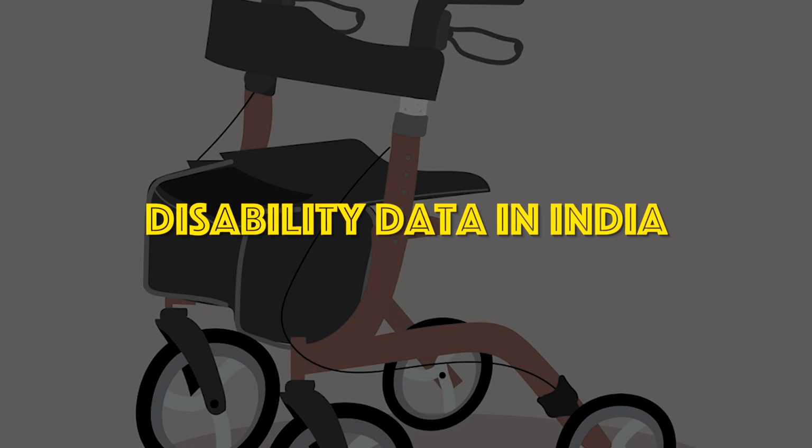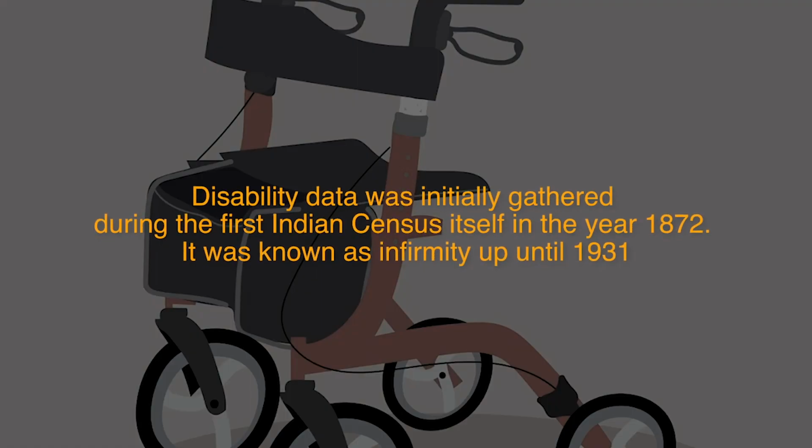India has a large section of disabled population. Enumerating disability, or collecting data and information on disability, is not new. Rather, disability data was initially gathered during the first Indian census itself in the year 1870.